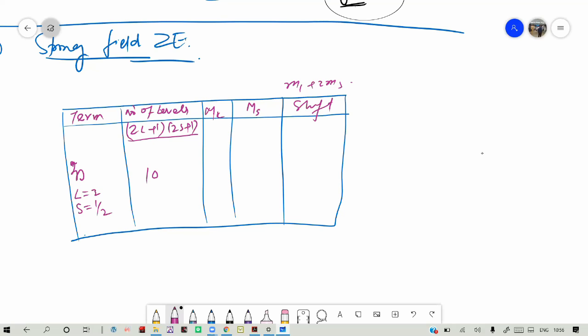ML values will be 2, 1, 0, minus 1, minus 2. MS values will be 1 by 2, minus 1 by 2, repeating for each ML.